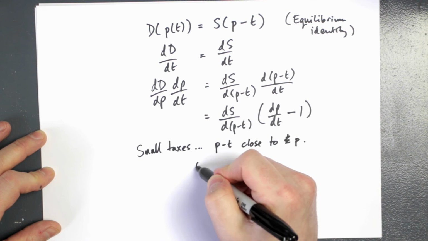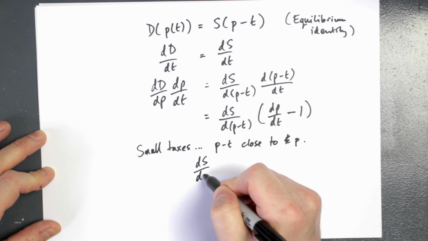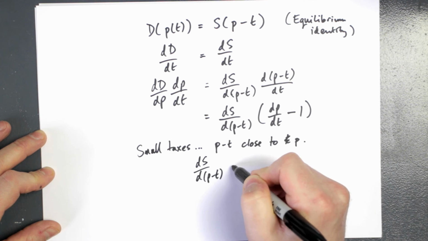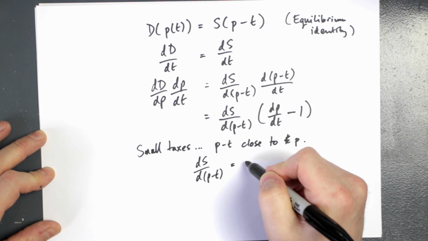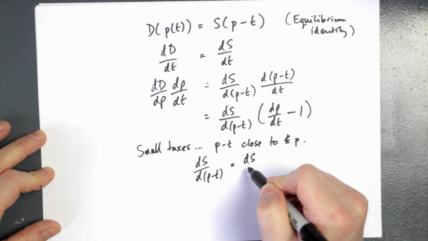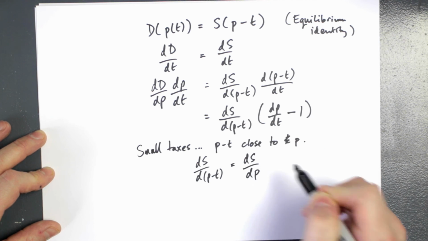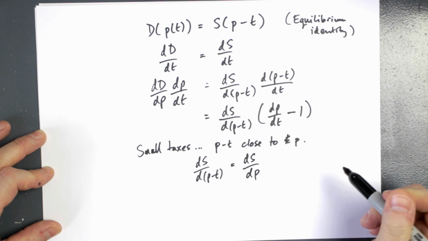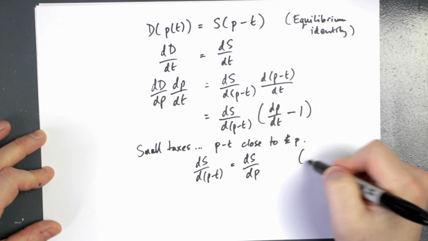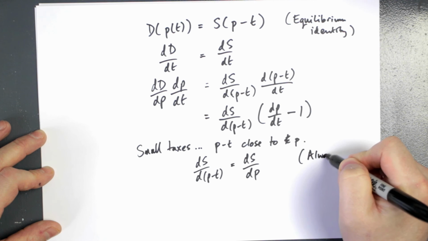In which case we could say, for small taxes, this derivative here is approximately equal to the derivative of supply with respect to price. Now, in the book, he says this is always true.